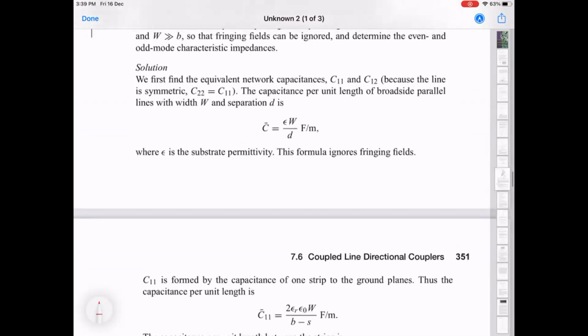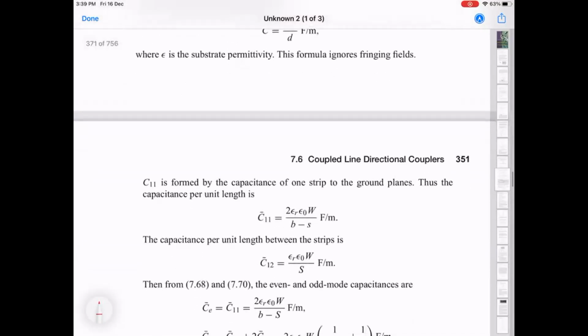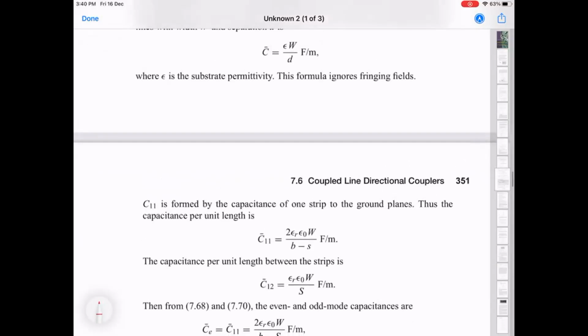Oh yeah, this is just the strip capacitance with respect to ground. But now it says C11 is formed by the capacitance of one strip to the ground plane. Thus the capacitance per unit length is... why is this B minus S?